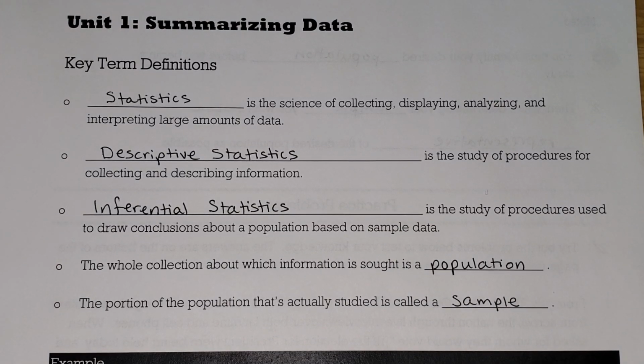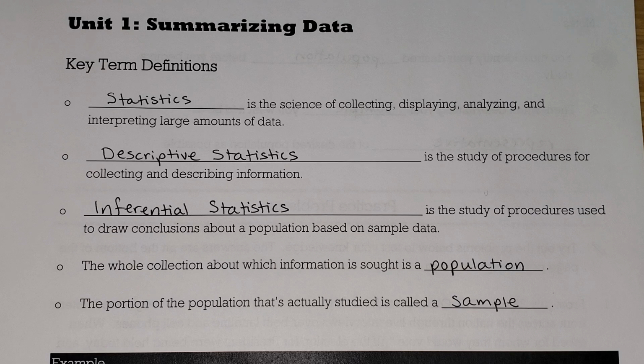Now, I have this tendency to talk about populations and samples in terms of people because that's what most of our examples are going to be, but it doesn't have to be. For example, if I want to know whether or not a particular automobile company makes great vehicles, then the population of that data set would be the vehicles made by the company, and then the sample would be the vehicles that I'm looking at.